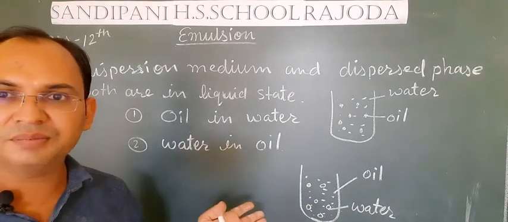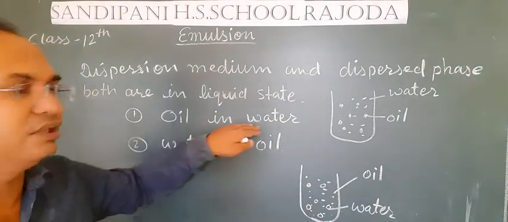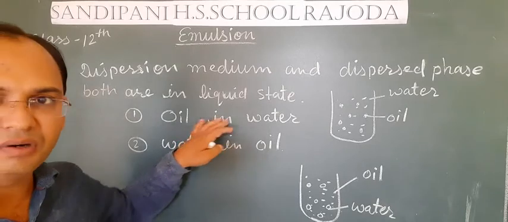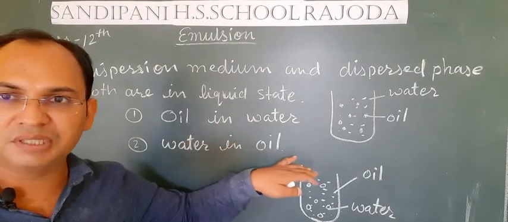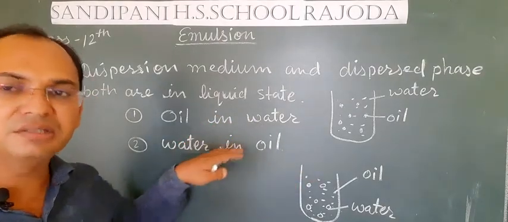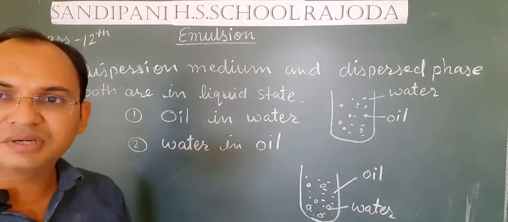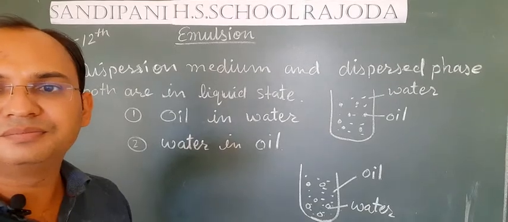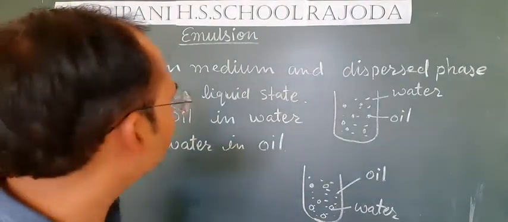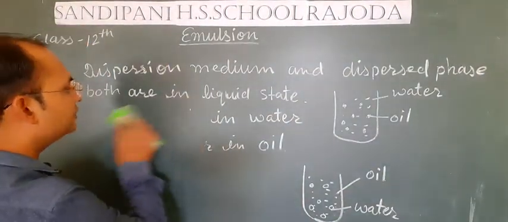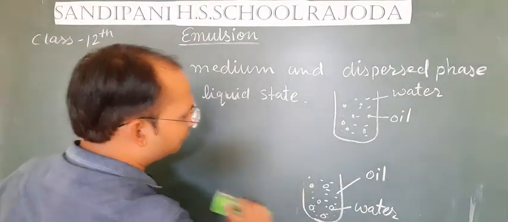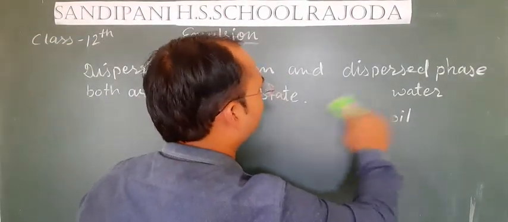Emulsion is of two types. When oil is dissolved in water, it forms oil in water emulsion, for example milk. If water is dissolved in oil, then it forms water in oil emulsion, for example cream. So students, we have seen that emulsion is nothing but a liquid colloidal solution.